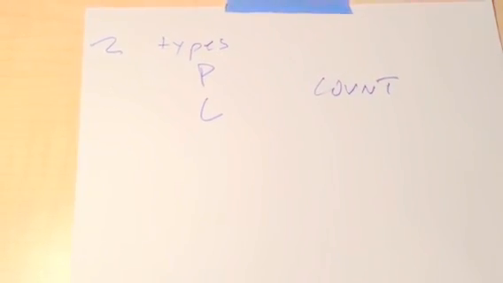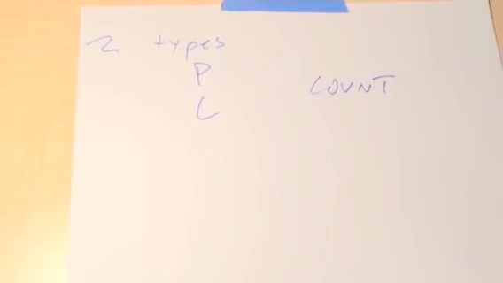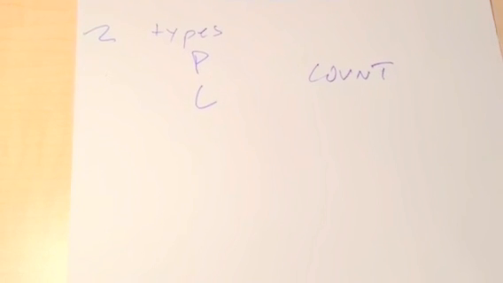Okay, so the other type of situation is when we can measure things. Like we may say, you have to answer the phone within 30 seconds of when the customer calls. And we could actually measure the amount of time it takes you to answer the phone, and we could chart that data.